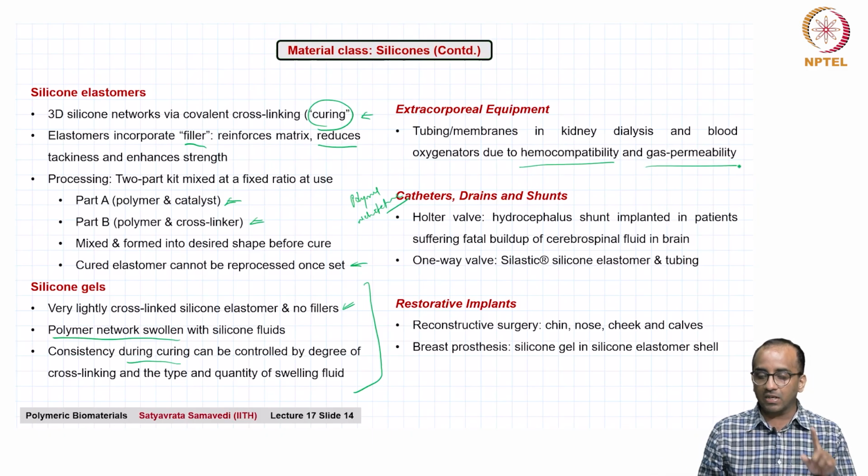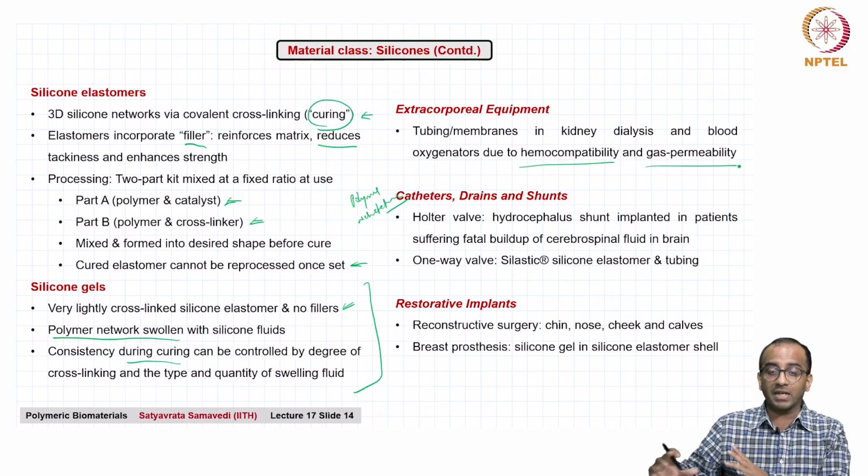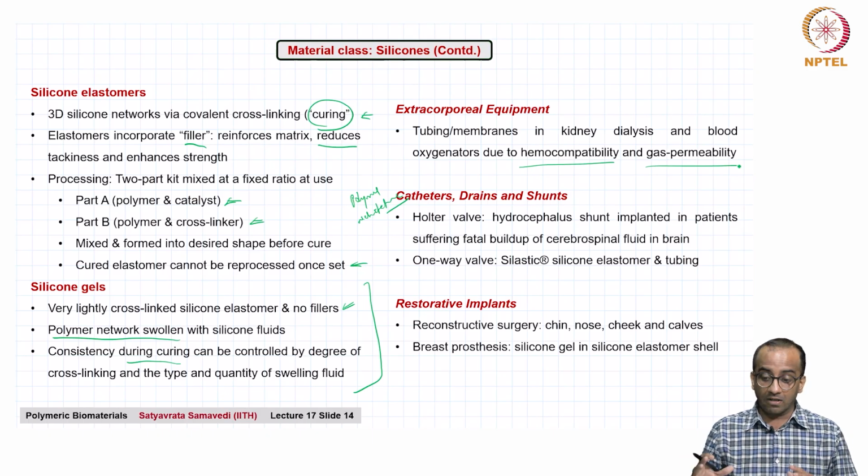Now you see again we are connecting Tg to structure, to higher free volume, to ability to promote gas transport, to an application. So it's a beautiful set of connections that we can make when we look at something like silicone.